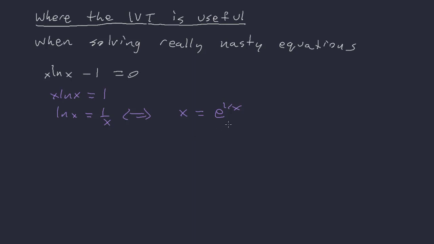From here, the best we could do is kind of get back to where we started. Another thing we could do is say that this is ln x to the x is equal to 1. Okay, but then that would tell us that x to the x is equal to e, which again leads us to the same thing we have here. So trying to do this by hand is not going to lead us anywhere.